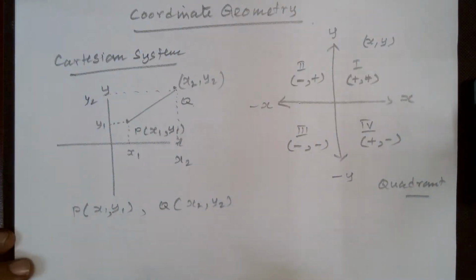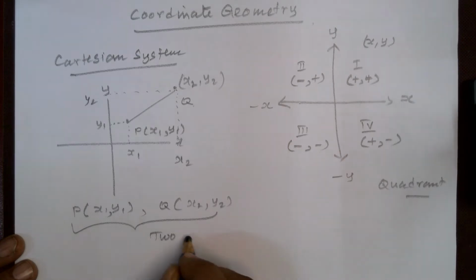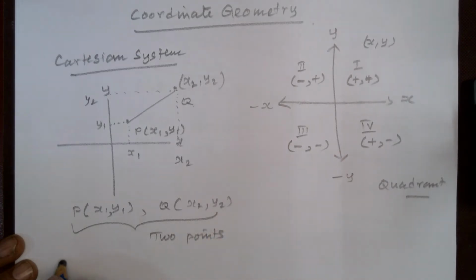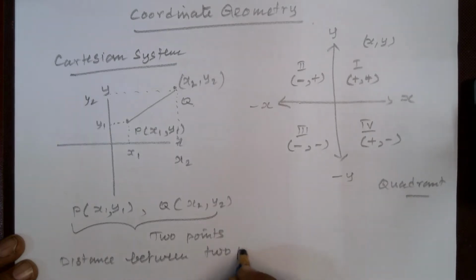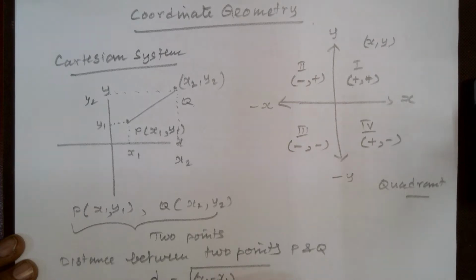Okay. Now the distance between these 2 points, P and Q, is given by D is equal to the square root of x2 minus x1 the whole square plus y2 minus y1 the whole square.